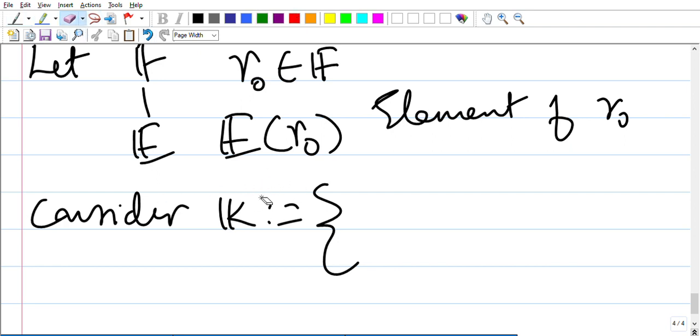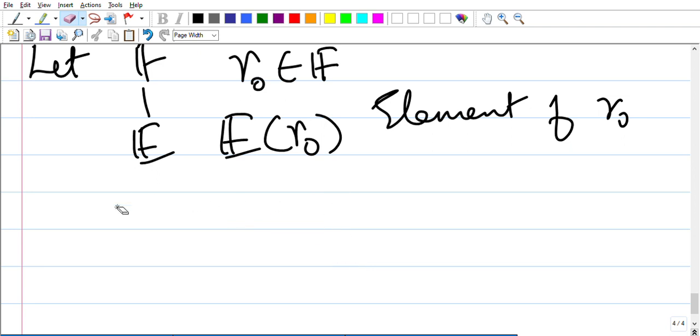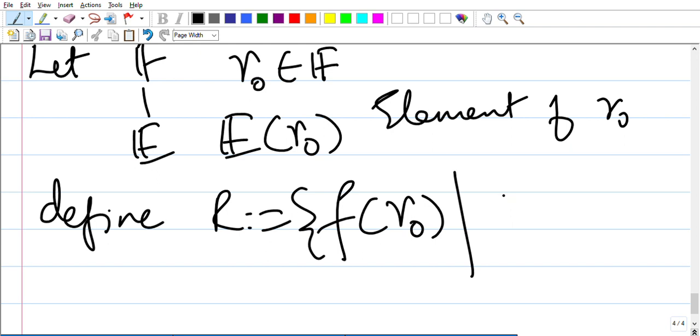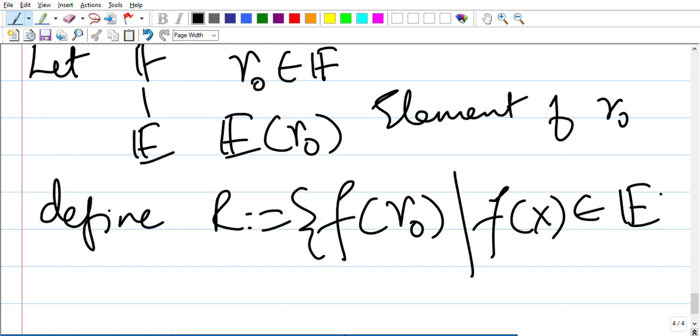Let me define R. Let R be the set of evaluations of polynomials f at r0, where the polynomials f have coefficients coming from E.